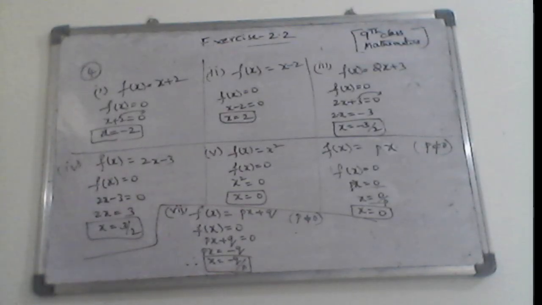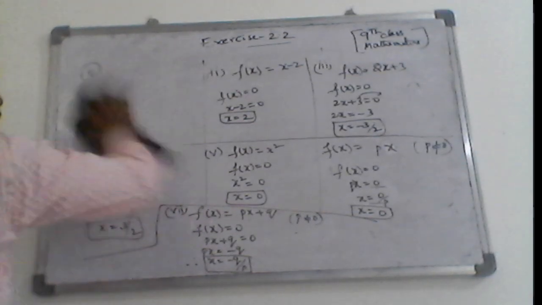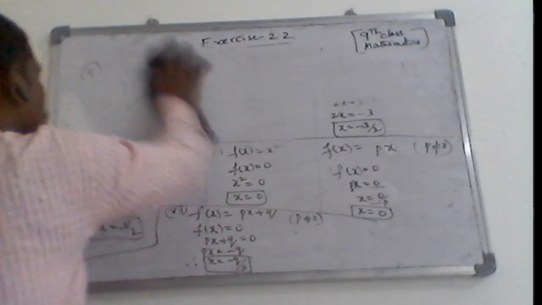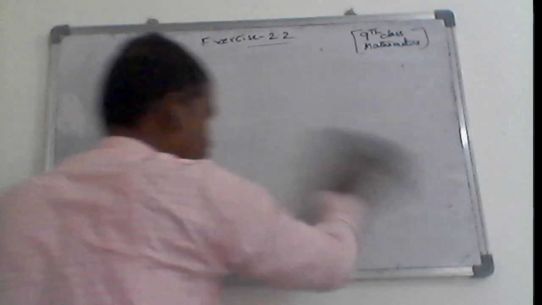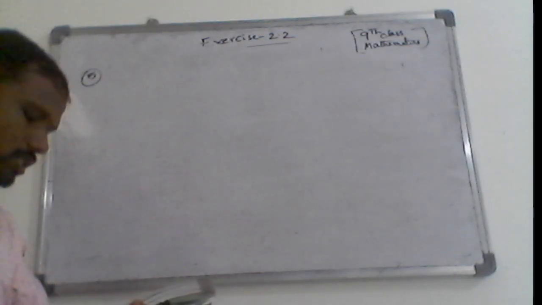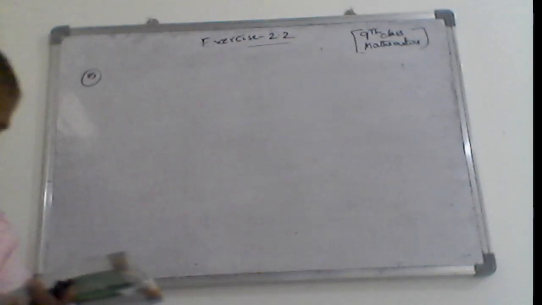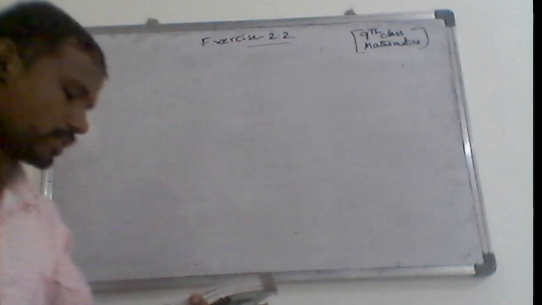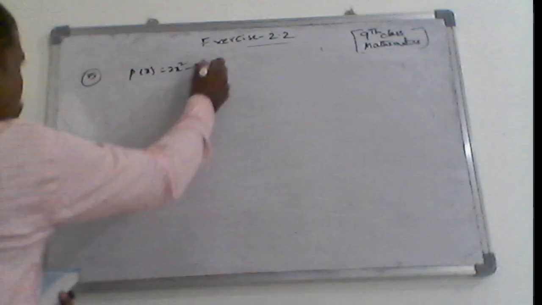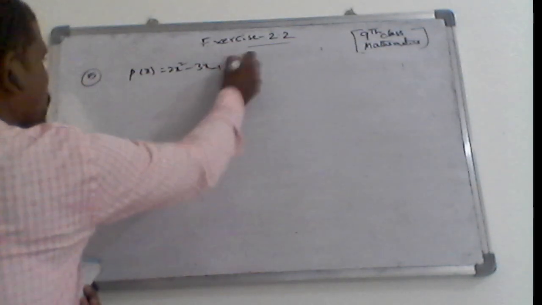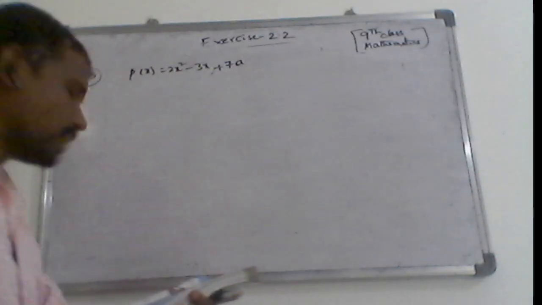So next one, fifth bit. Question number 5. If 2 is a zero of the polynomial p of x equal to 2x square minus 3x plus 7a, then find the value of a.